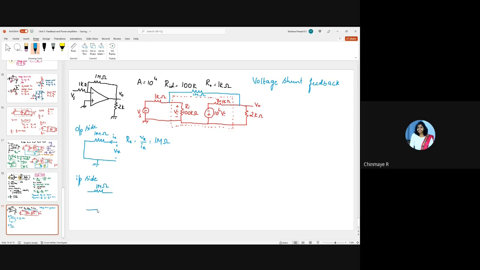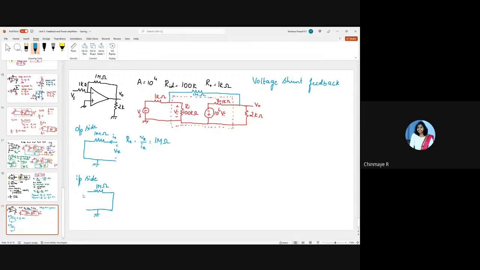correct? And then both input and output are grounded. So now you're sampling the output voltage. So whenever a voltage is sampled, it is always done in shunt. So therefore, since the voltage is sampled in shunt, you short the resistance here.